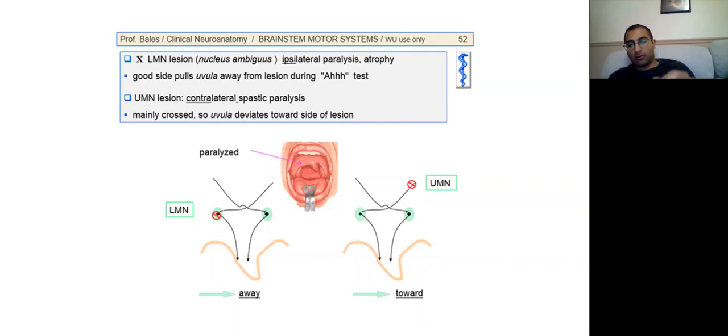Whereas in an upper motor neuron lesion, because it crosses over, the uvula will deviate towards the side of the lesion because of the crossover to the contralateral side. So upper motor neuron lesion, the uvula deviates towards the lesion, whereas a lower motor neuron lesion, it deviates away from the lesion.